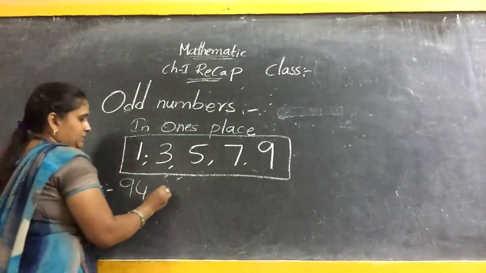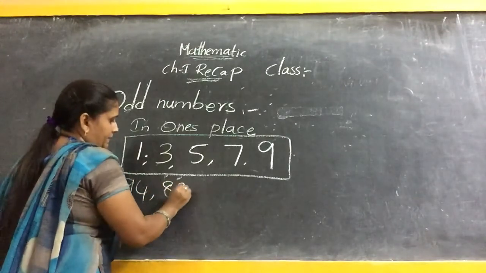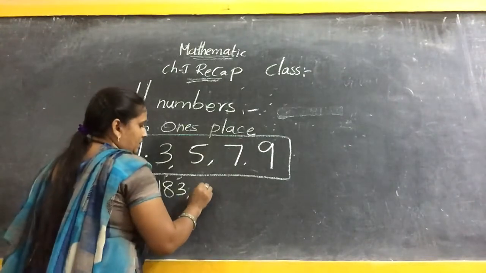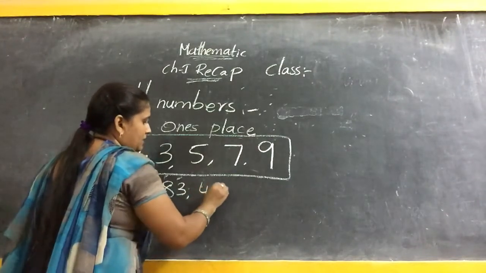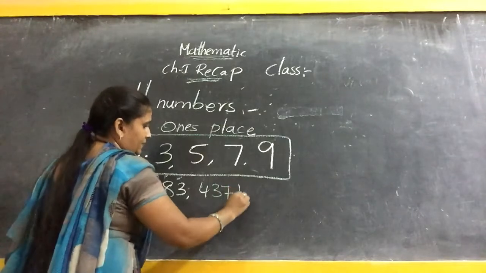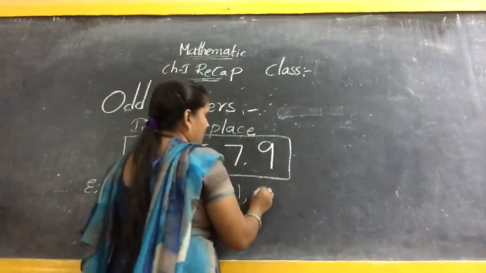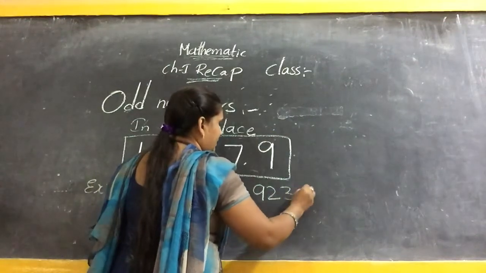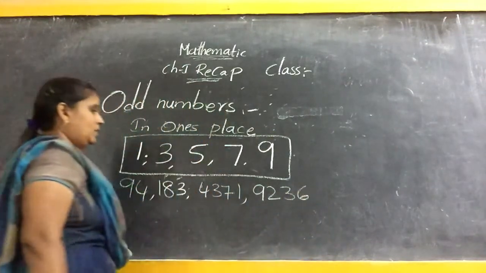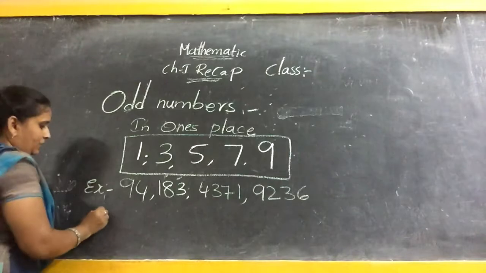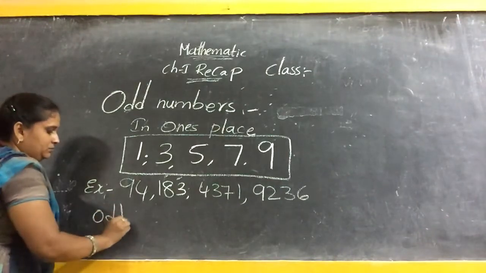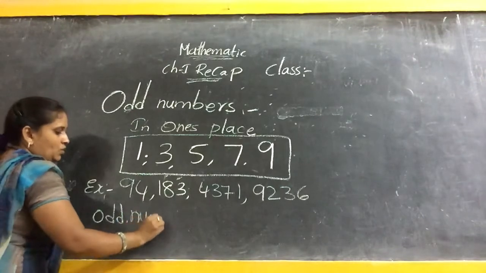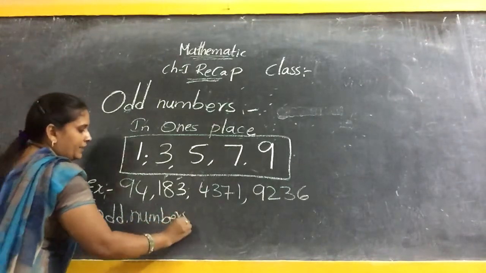94, 83, 183, 4371, 9236. Like that, numbers are there. Now tell me, from these 5 numbers, which are odd numbers?